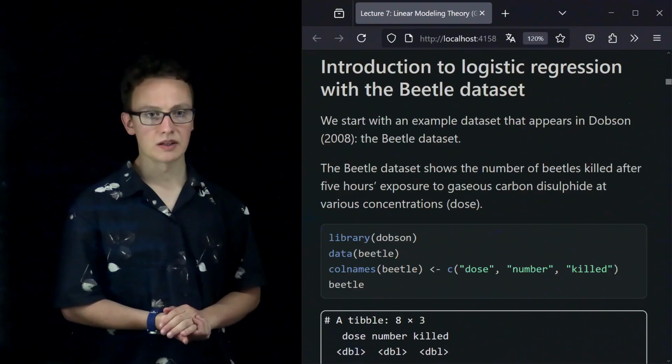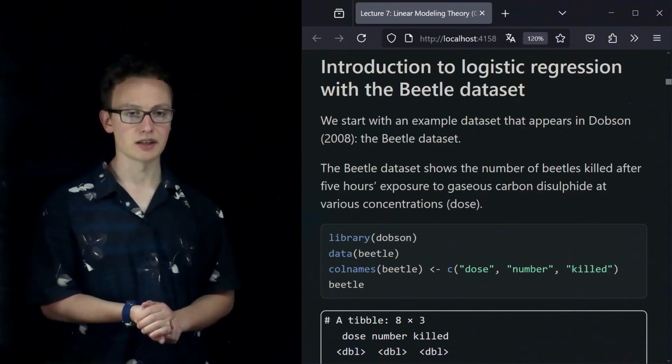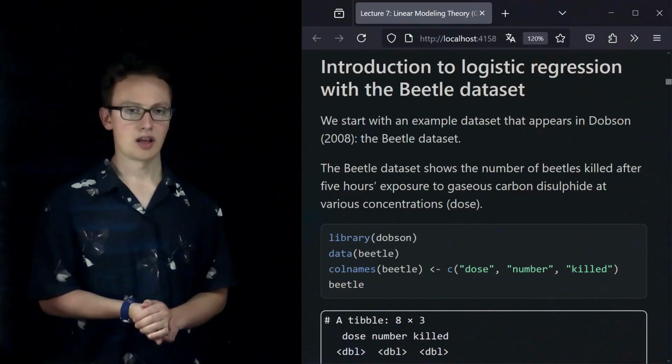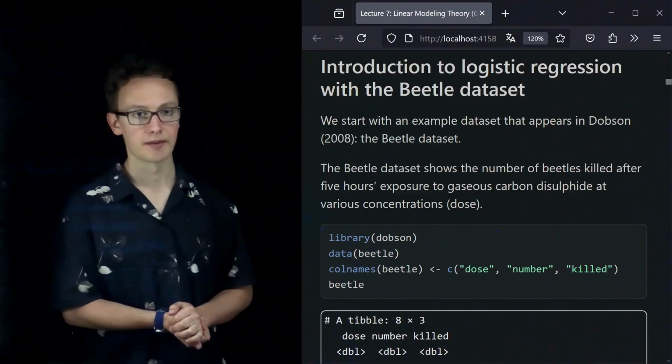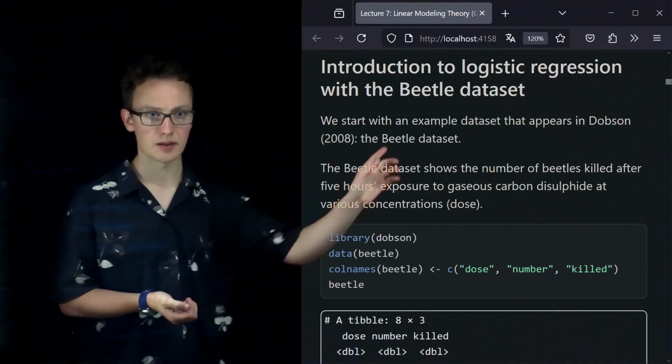In order to familiarize ourselves with the basic concepts and ideas of logistic regression, it might help to look at a concrete data set where such an analysis would actually apply. Such a dataset is the Beetle dataset.